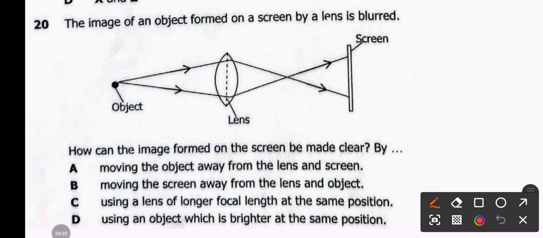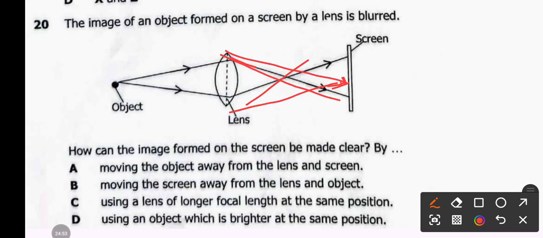The reason why it is blurred is because the image is formed in front of the screen. So for us to make it clear, we should find alternative means in which the image can be formed on the screen. So the light rays need to meet on the screen here.